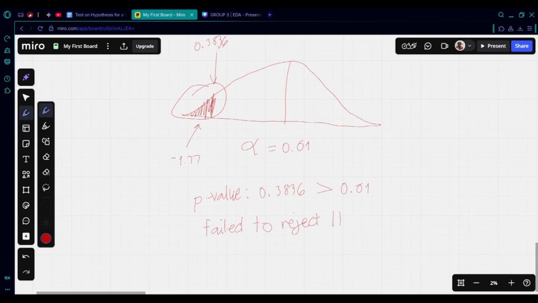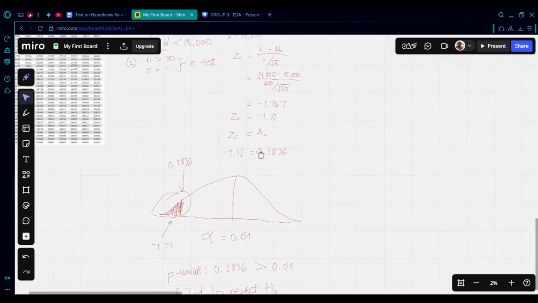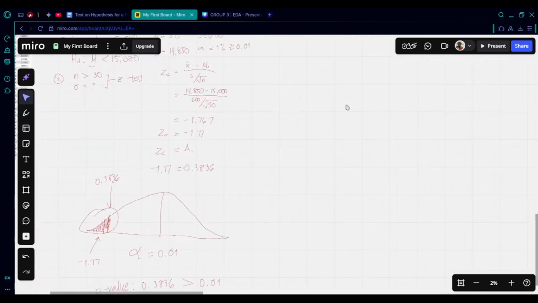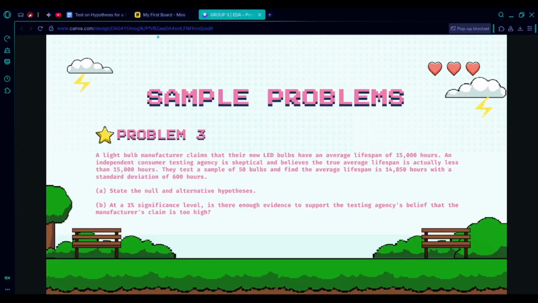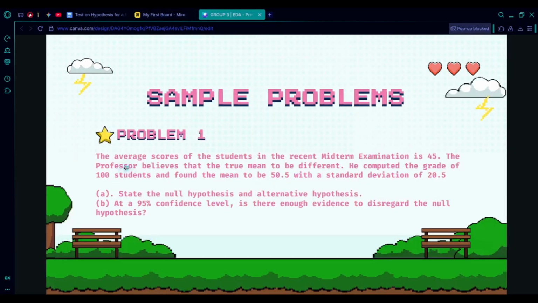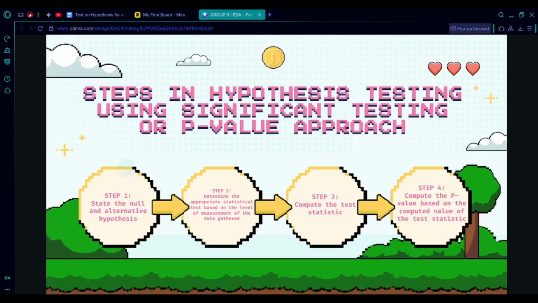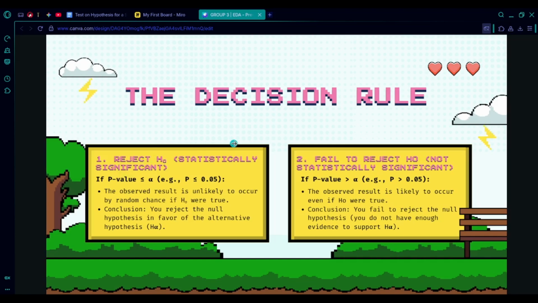Why? Because based on what I have discussed in the decision rule, going back, let me proceed to next. If the P value is greater than the alpha level, we fail to reject the null hypothesis.